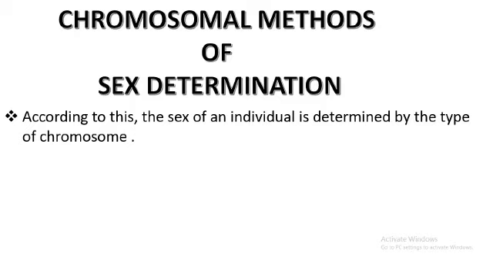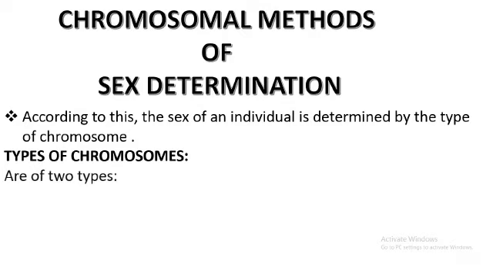They are present in the nucleus of an organism in eukaryotes, whereas they are present in the cytoplasm in prokaryotes. So these chromosomes are going to help us in sex determination. The chromosomes present in an organism are of different types, so let us see what the types of chromosome are.